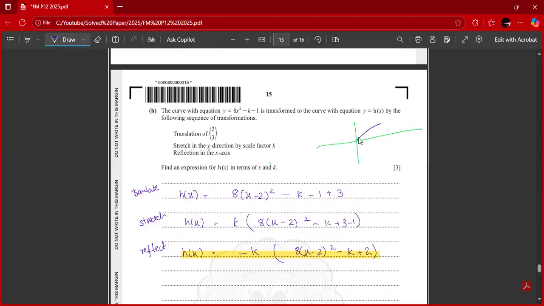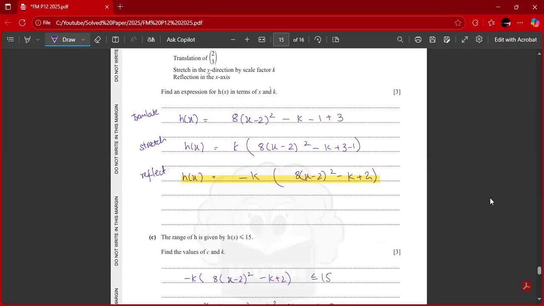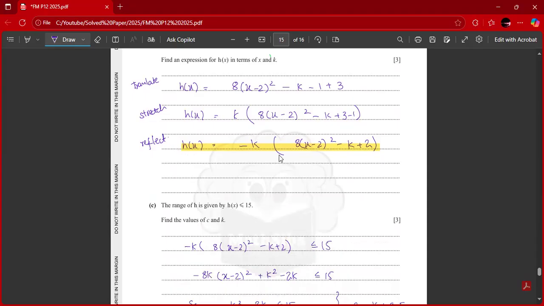My x values are going to remain the same, but my y values are going to go from positive to negative, which means the whole equation should change sign, multiplied by minus 1. So the final would be minus k into this, and we are done. Translate, stretch, and reflect: minus k, bracket, 8 into x minus 2 squared minus k plus 2.